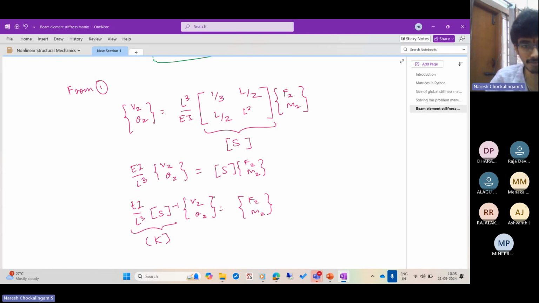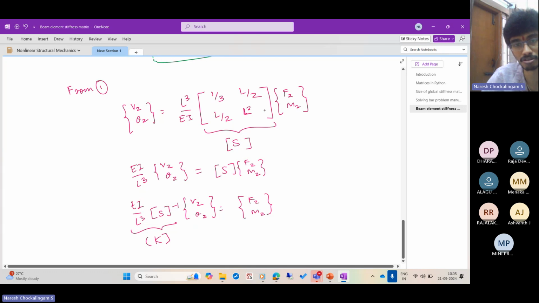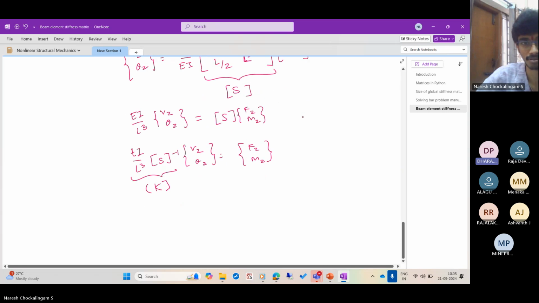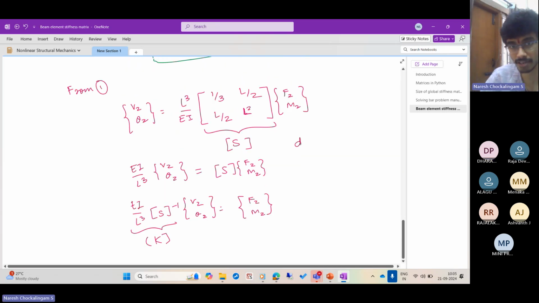Now, what is our task? We just have to invert this matrix. What is the shortcut for 2 cross 2 matrices? How do you invert a 2 cross 2 matrix? 1 by determinant into adjoint. So what is the determinant of S here? L square by 3 minus L square by 4. So it is L square by 12.